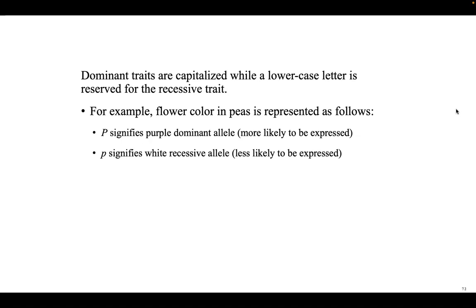So our dominant traits are capitalized, while a lowercase letter is reserved for the recessive trait. On those heterozygous alleles, you saw that some of them had a capital P and a lowercase p. The dominant allele is the one that is more likely to be expressed. So even though they're both there for a heterozygous individual, only the dominant allele is being expressed.